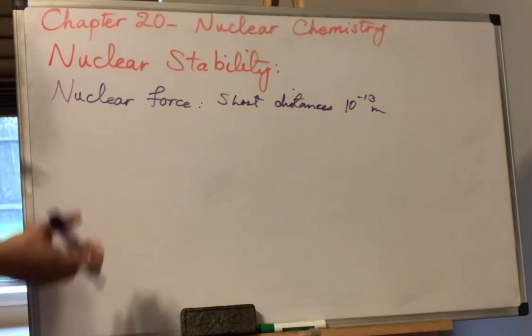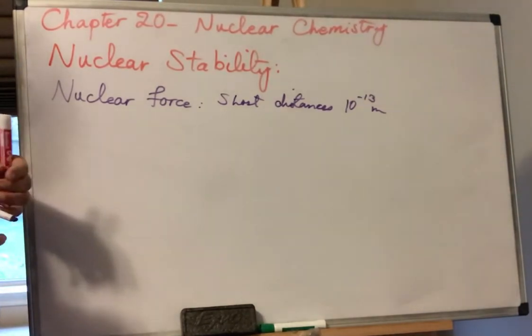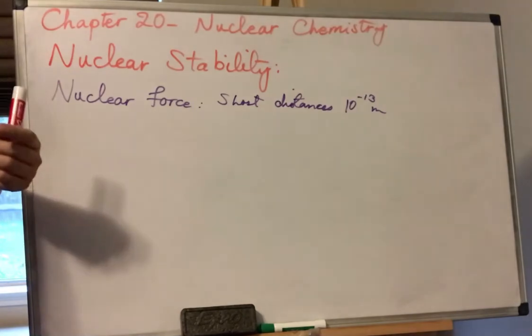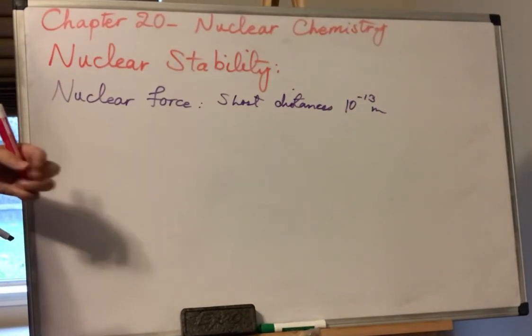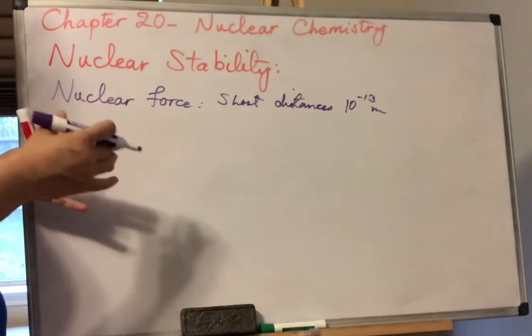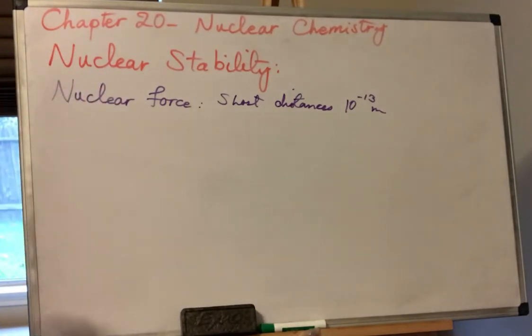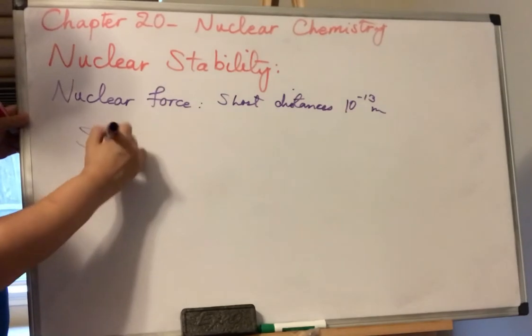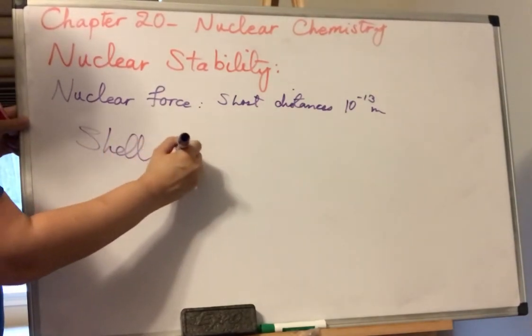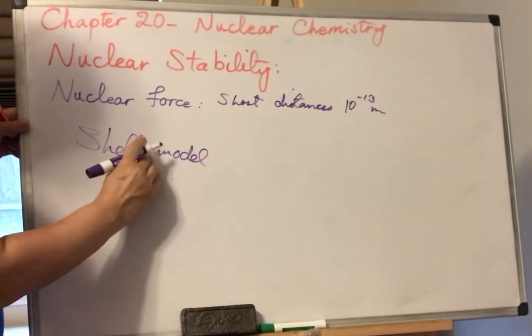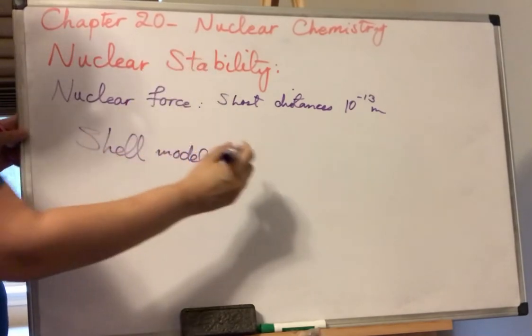So the same way as we had the shell model for the electrons, we have the same thing. Electrons, you remember, they were on the different energy levels. We have a similar model for the nucleus. We call it shell model of the nucleus.